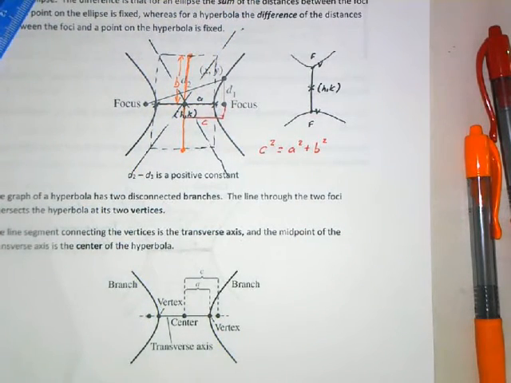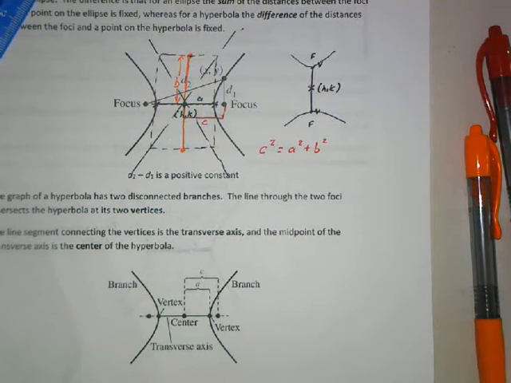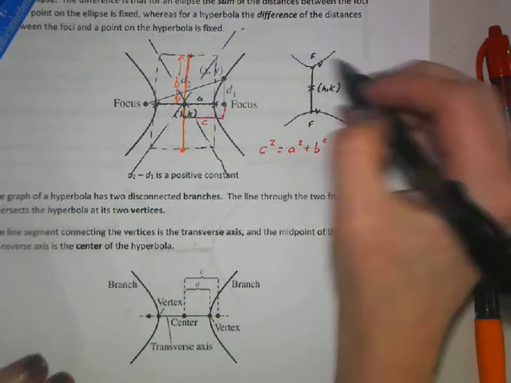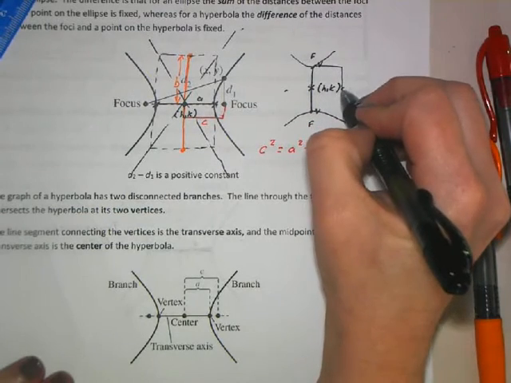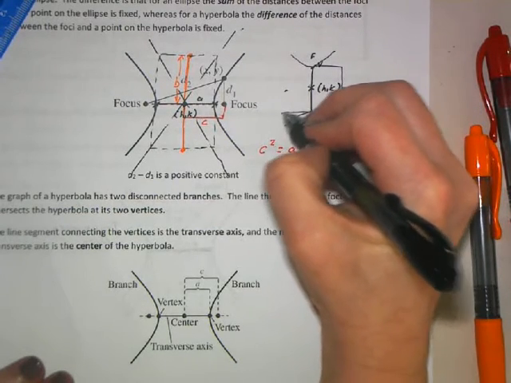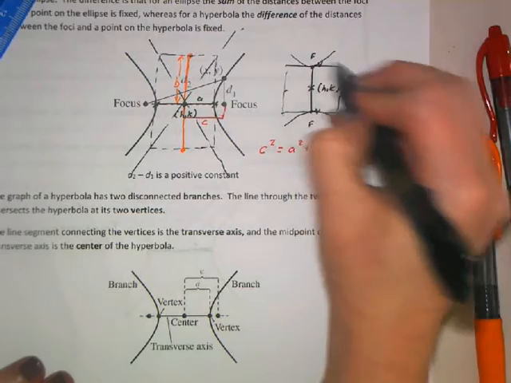Okay, and those diagonals that we drew are asymptotes, which is what the parabola-looking parts of the hyperbola follow. Okay, so if I drew this one, and I'm going to just freehand this.